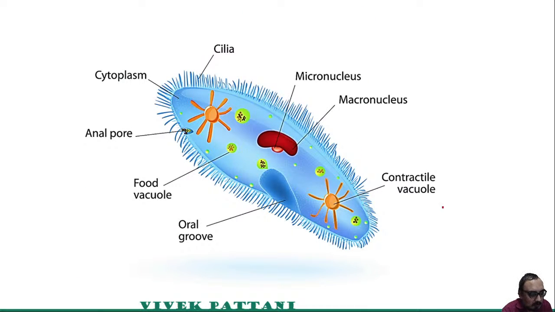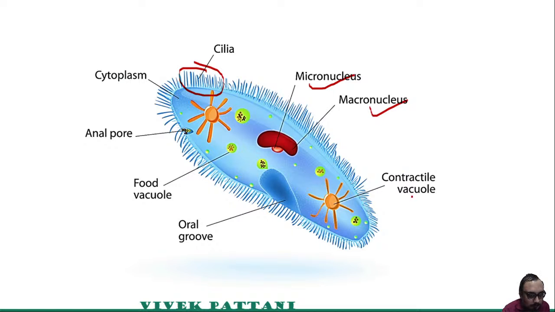Now this one is a basic diagram of a Paramecium. You can clearly see the cilia, a micronucleus, and a macronucleus. What are the functions of the micro and macronucleus?